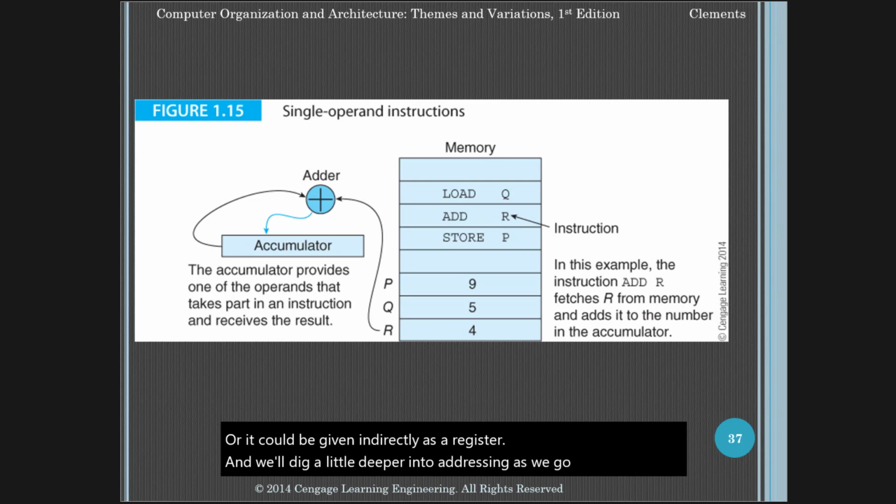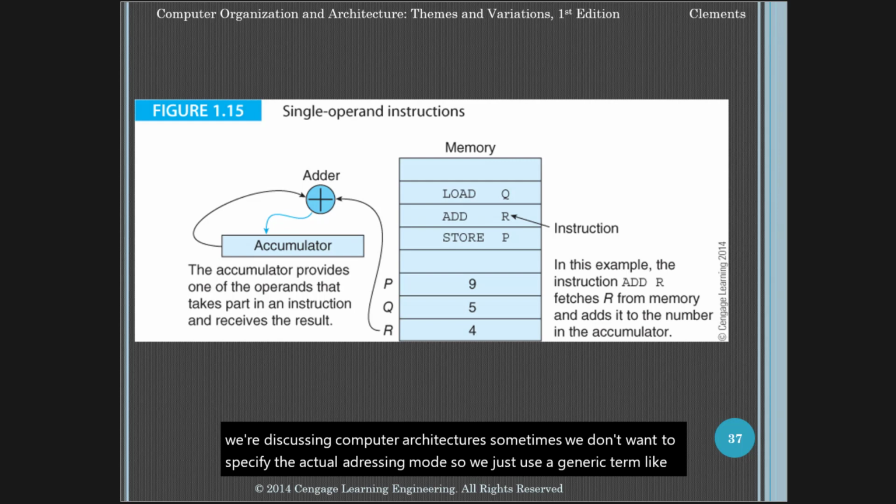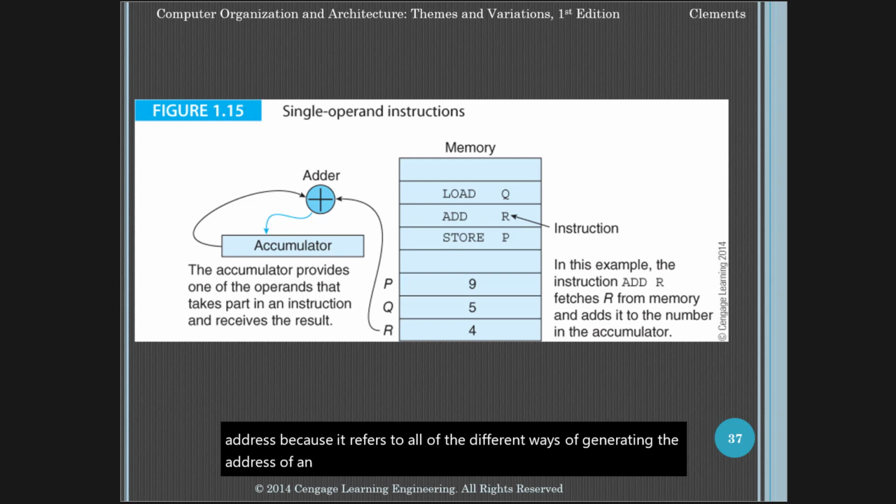But when we're discussing computer architecture, sometimes we don't want to specify the actual addressing mode, so we just use a generic term like effective address. And so we might say that register R1 is loaded with data from the effective address. We use the effective address because it refers to all of the different ways of generating the address of an operand and lets us avoid specifying a specific address for simplicity's sake.